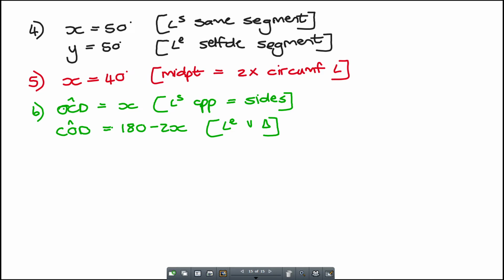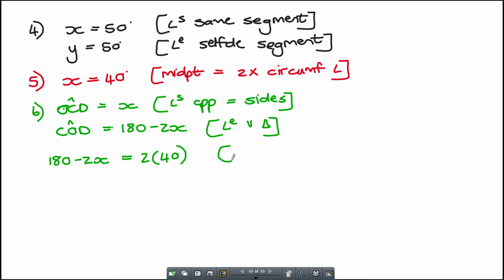Okay, en daai COD, the 180 minus 2x, would be equal to 2 times the circumference angle. Met ander woorde, 2 keer daai 40. Maak dit sin?